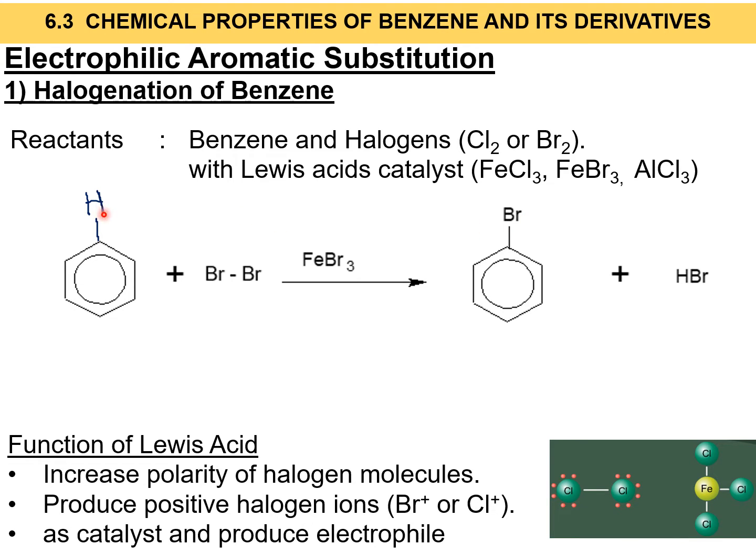Okay, so you can see here from benzene ring ni tiba-tiba dapat substituents halogen Br sebab dia buat halogenation. Okay, and the side product is HBr, and this is the function of the Lewis acid.